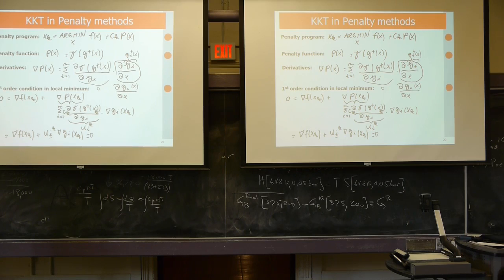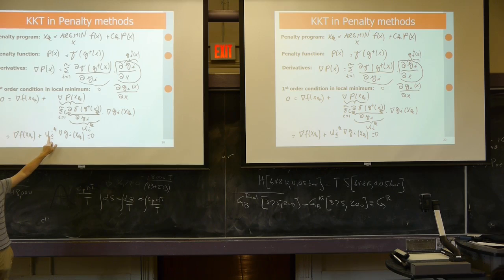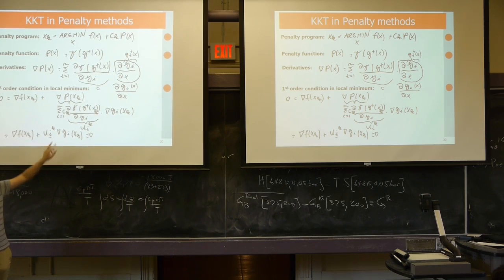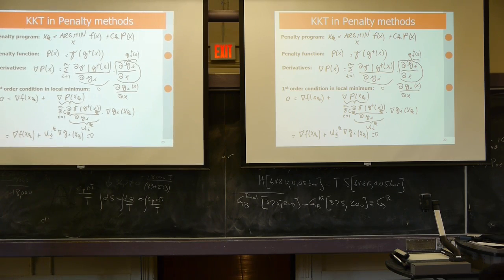Right, and there's a theorem which says that under very mild conditions, it's indeed the case. So if you introduce these uik numbers, then they will indeed converge to the Lagrange multipliers at the optimum x star.